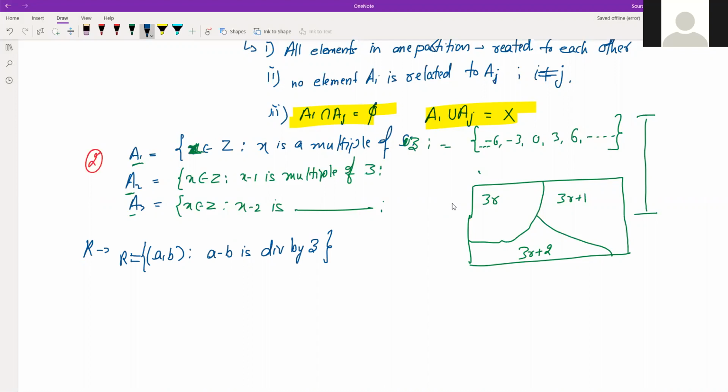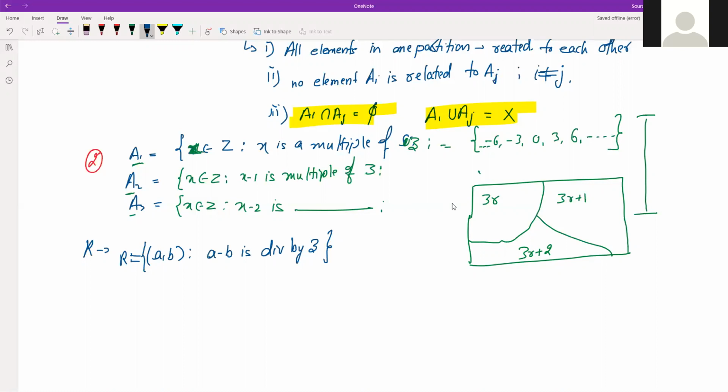That is, (a, a) will be divisible by 3, since a minus a is divisible by 3, so it is reflexive. If a minus b is divisible by 3, b minus a will also be divisible by 3, so that makes it symmetric. And if a minus b is divisible by 3 and b minus c is divisible by 3, then a minus c will also be divisible by 3. That makes it transitive.